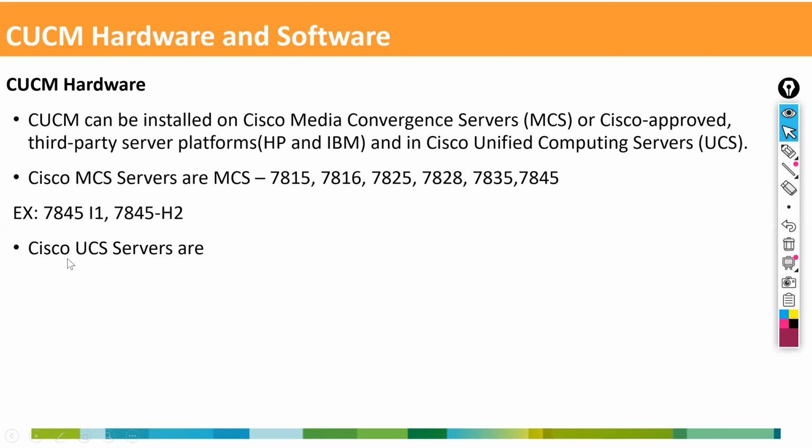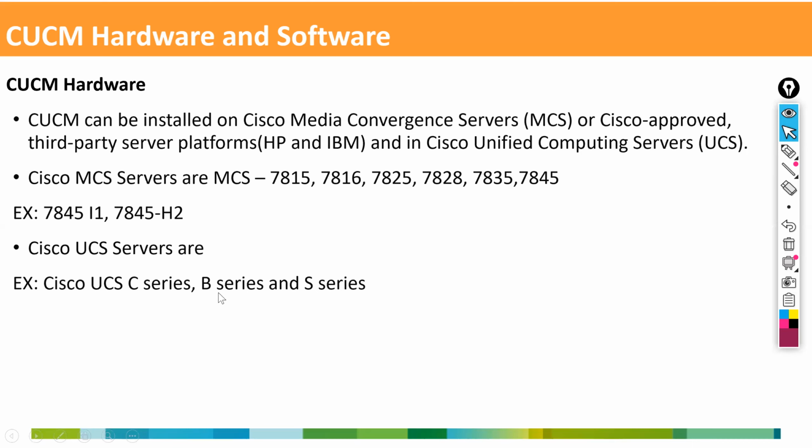Now the latest we are using Cisco UCS server, Unified Computing Server, which is manufactured by Cisco only. Here we have again series, Cisco C series, B series, S series, but C is very famous. The S series generally they have manufactured for storage purpose.